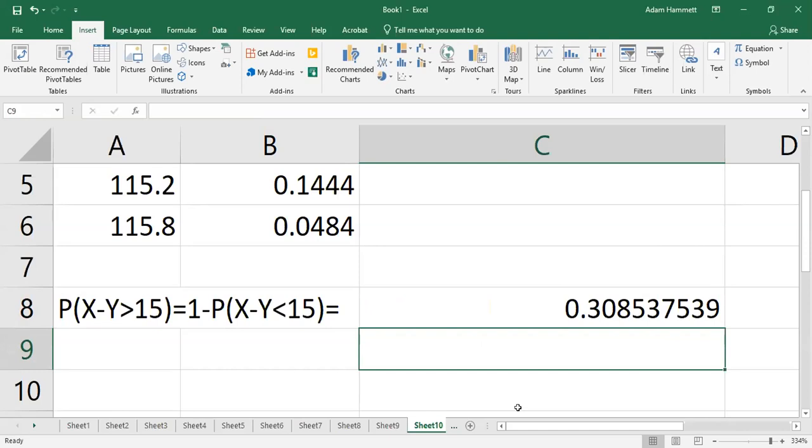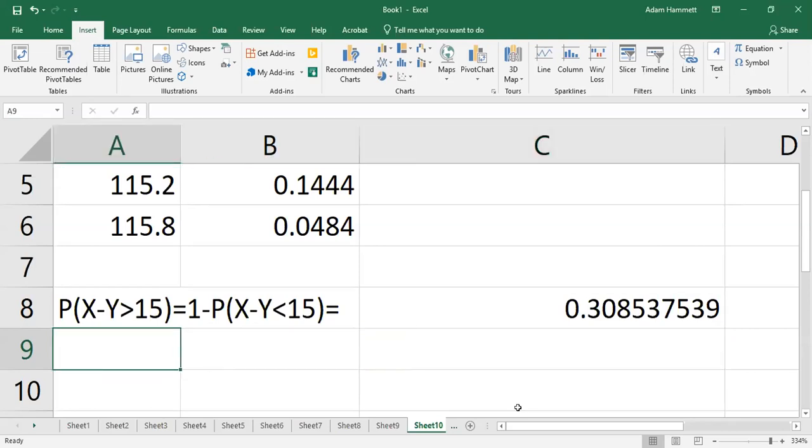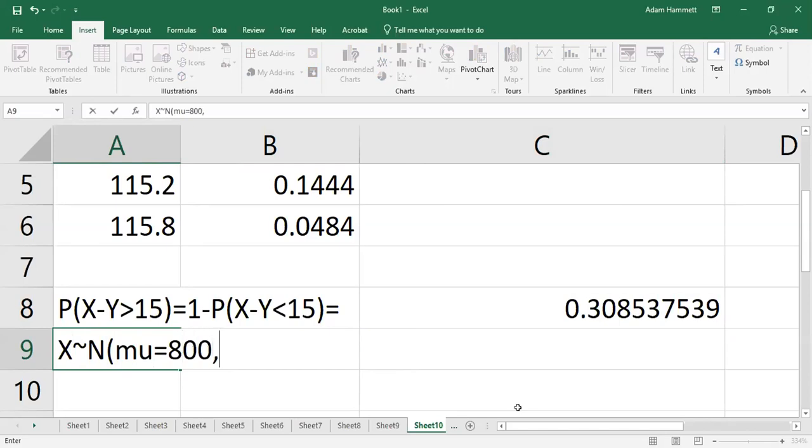Okay, and then the second problem says find the probability that at least one of the bulbs lives for more than 920 hours. Let me just write this down. So X was distributed as a normal with mean 800 and sigma squared equal to 14,400.